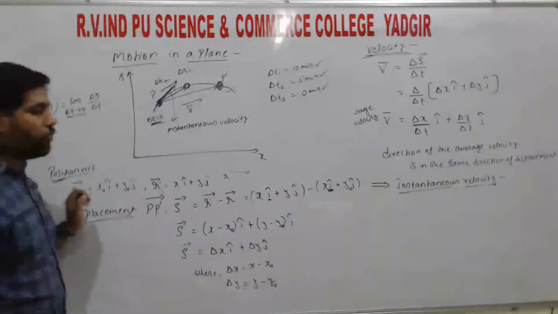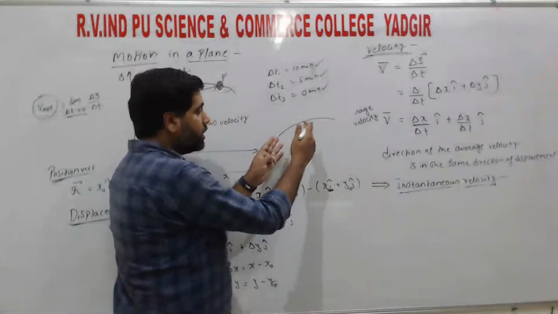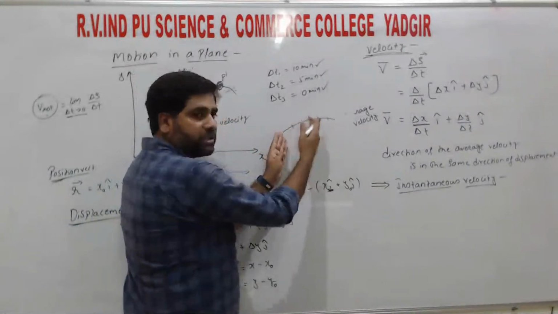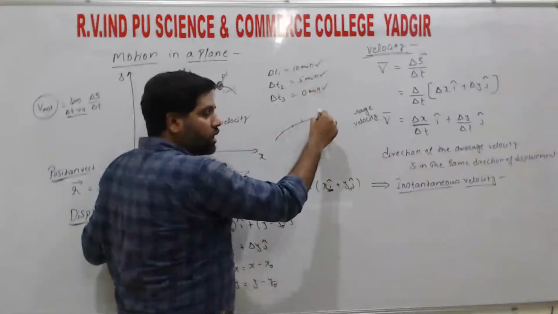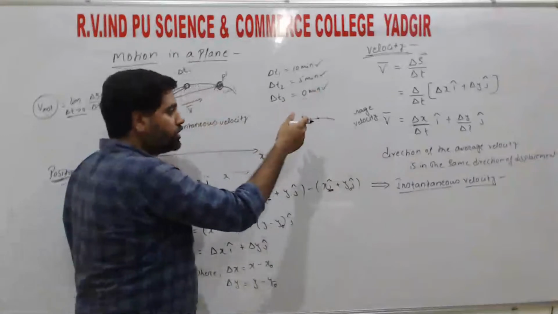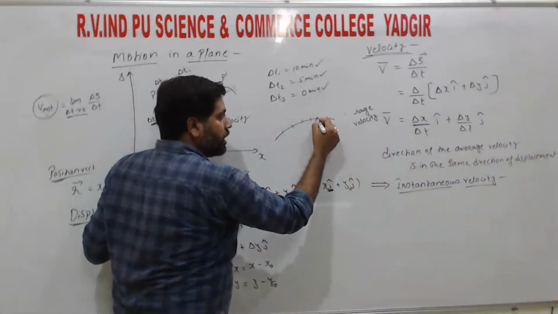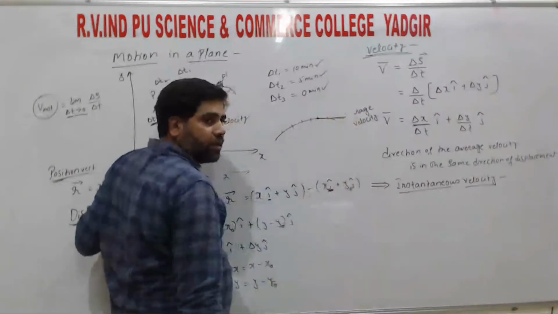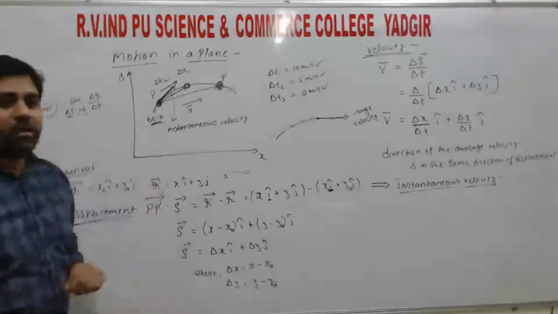So for example, there is some path. On this path, at any particular time, we are covering distance, right? So at a particular time we are finding the velocity of the object. So the direction of the velocity of the object is such that when we draw the tangent at this point, that tangent gives the direction of the instantaneous velocity.